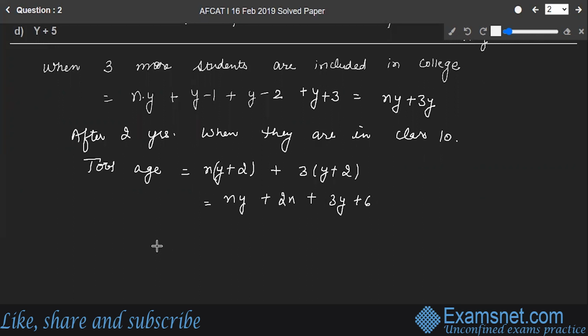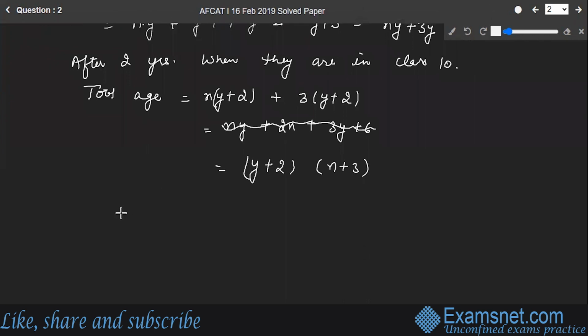Okay, so I'll do one thing. Instead of opening it like this, I will make their factors. This will be easy. Y plus 2 and N plus 3. I'm going to make the two factors over here. So what is the average age now?